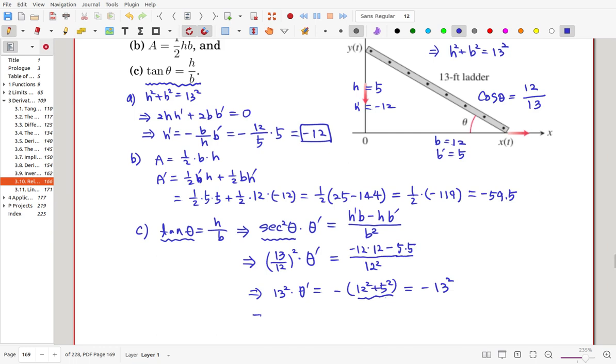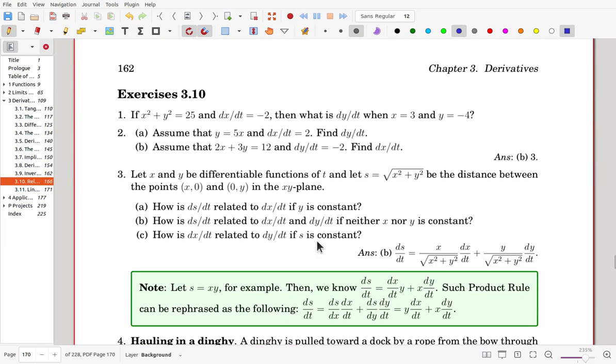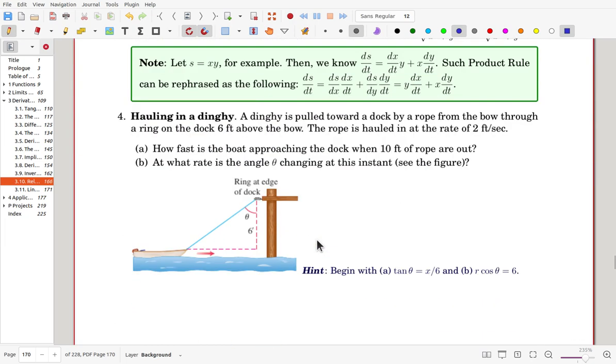So we have theta prime equals minus 1. That's the final answer. That's the end of the section. Thank you.